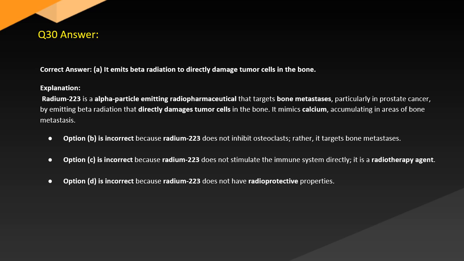Option B is incorrect because radium-223 does not inhibit osteoclasts. It targets bone metastasis. Option C is incorrect because radium-223 does not stimulate the immune system directly. It is a radiotherapy agent. Option D is incorrect because radium-223 does not have radioprotective properties.